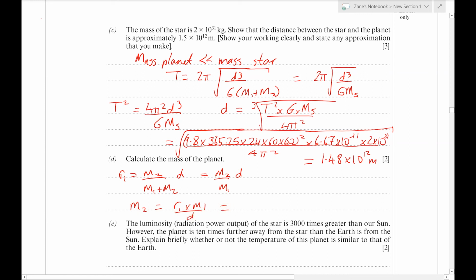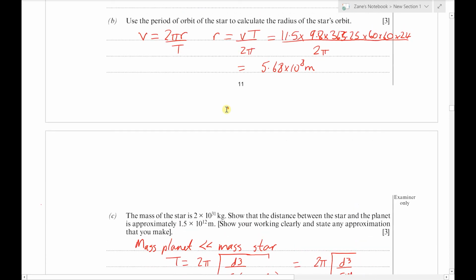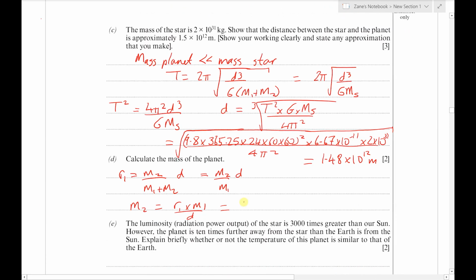If we put those figures into the equation first of all: R1, what we worked out in an earlier part of the question, part B, was 5.68 times 10 to the 8. M1 is the mass of the star, and D is our 1.48 times 10 to the 12.